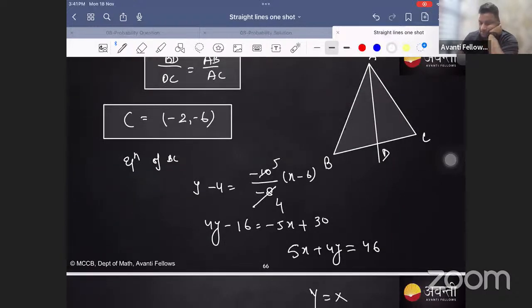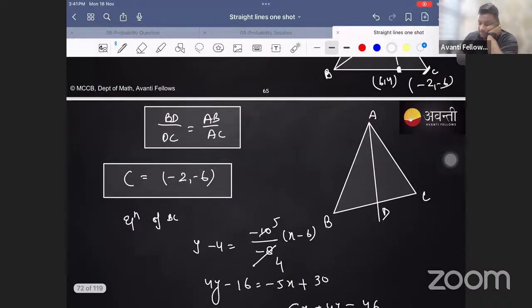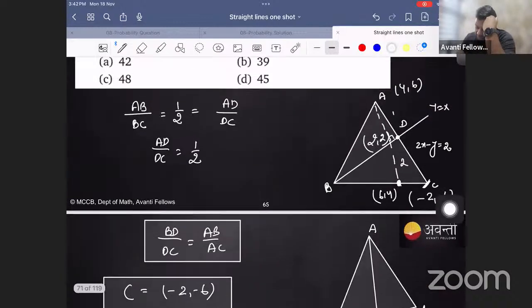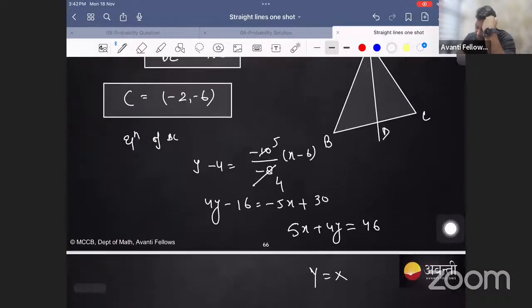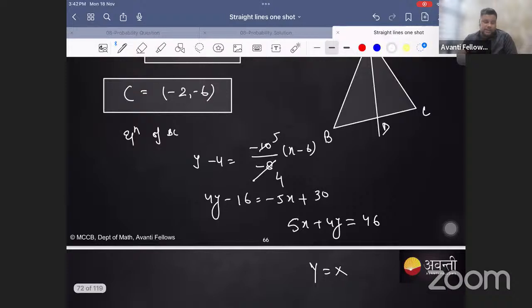Just a moment. 4y minus 16 is minus 5x plus 30, so 5x plus 4y is 46. This is the equation of BC. The image of (4, 6) in this line will be (6, 4). That will lie on BC.